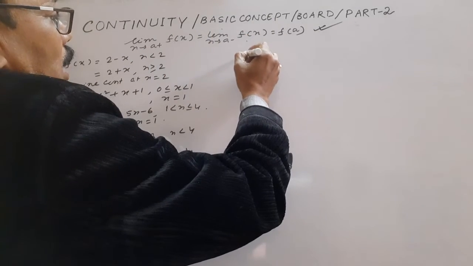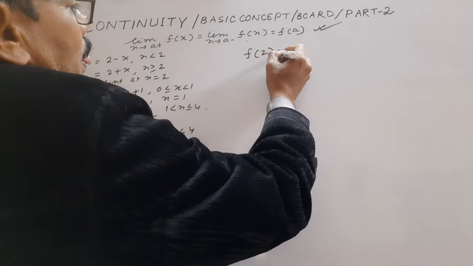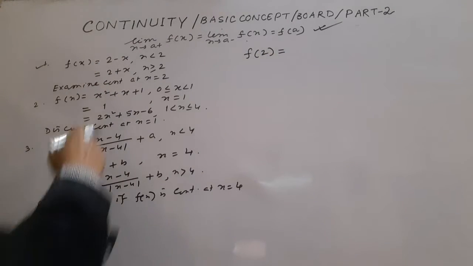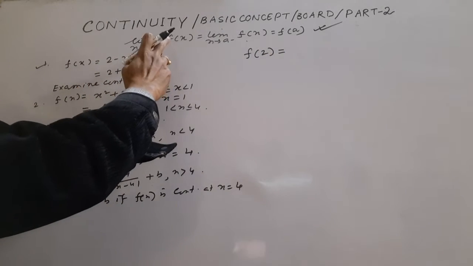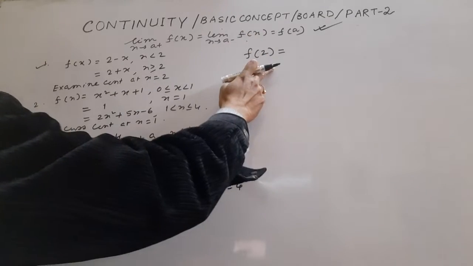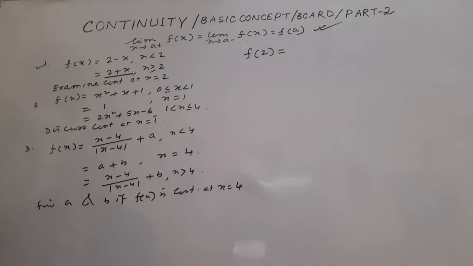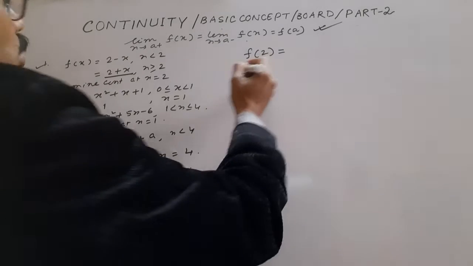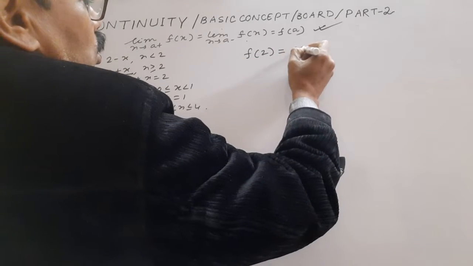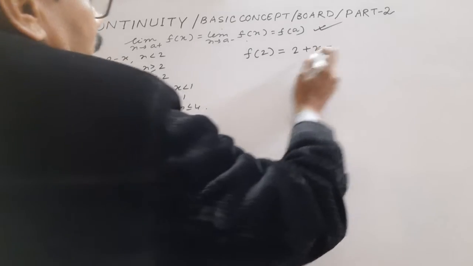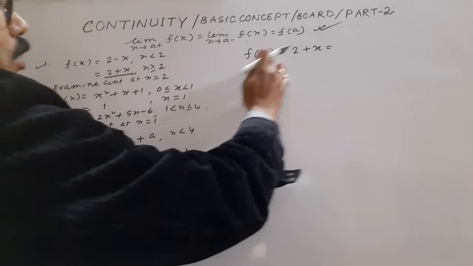So, we have to find the functional value f(2). So, look, f(x) is equal to this. f(2), x equals 2, so this will be according to this restriction. So what is the function? 2 plus x. But you have to replace x by 2.